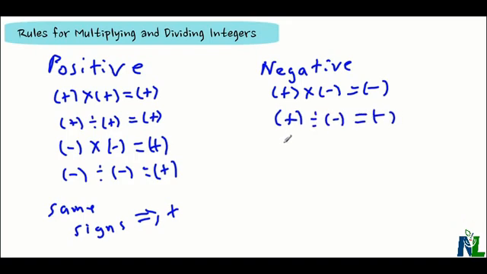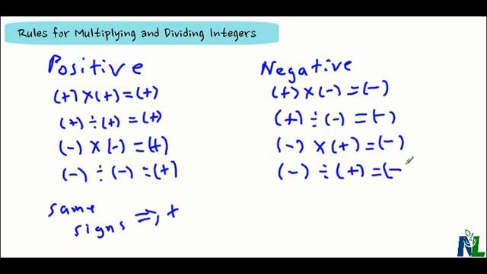And same thing, if we had a negative times a positive, our answer came out to be negative. And the same thing if we divided a negative and a positive. So whenever we have different signs, you can see that our answers come out to be negatives.